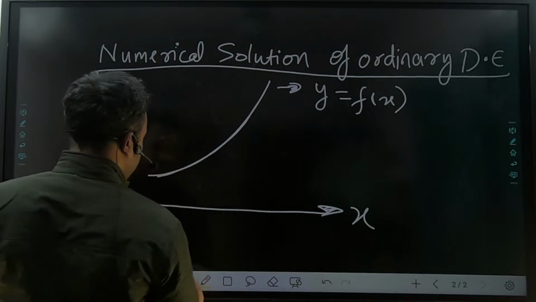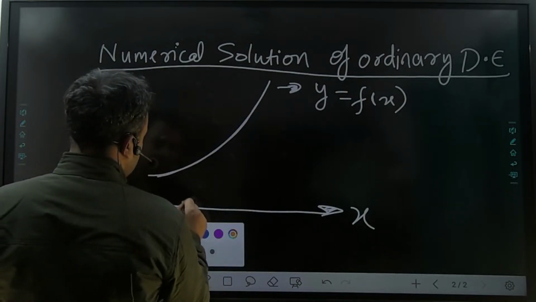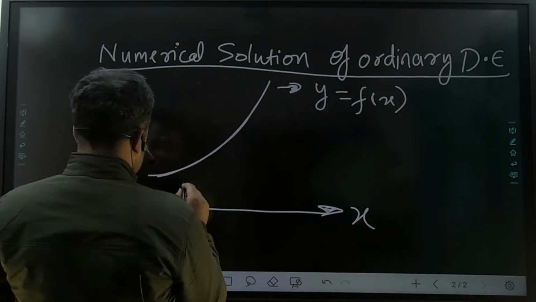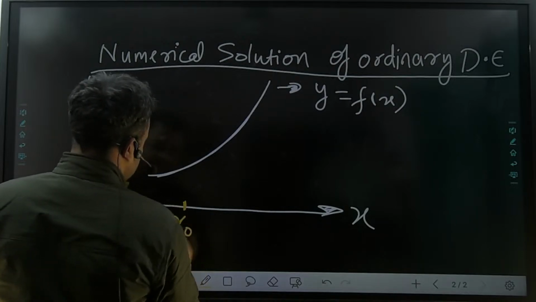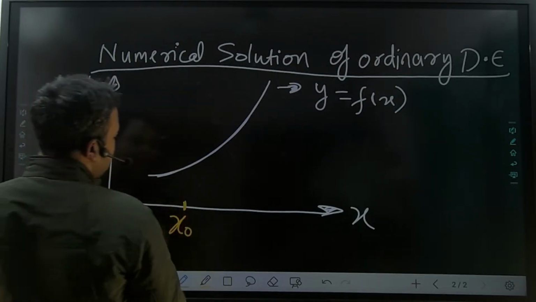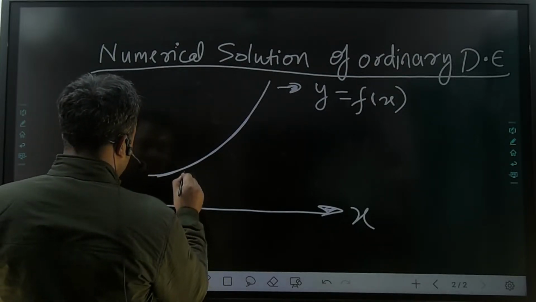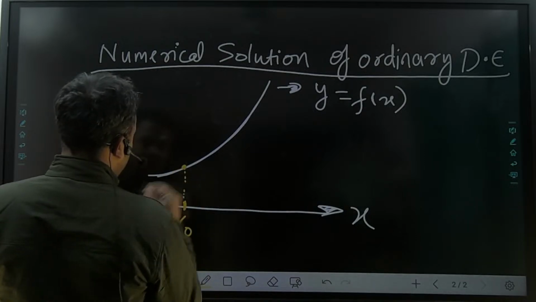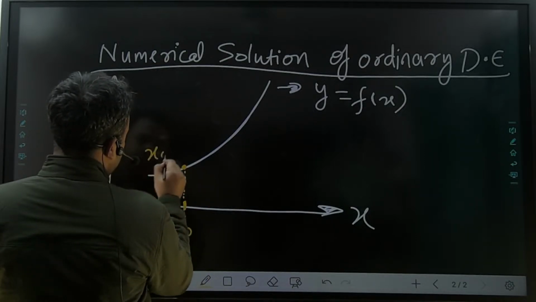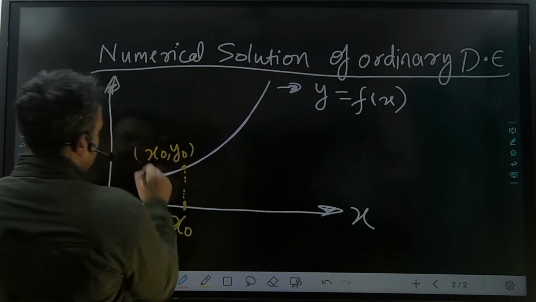Let's say some point is over here, and this is x naught, a certain input x naught at which I will get output y naught. So this point corresponds to x naught and y naught, right?